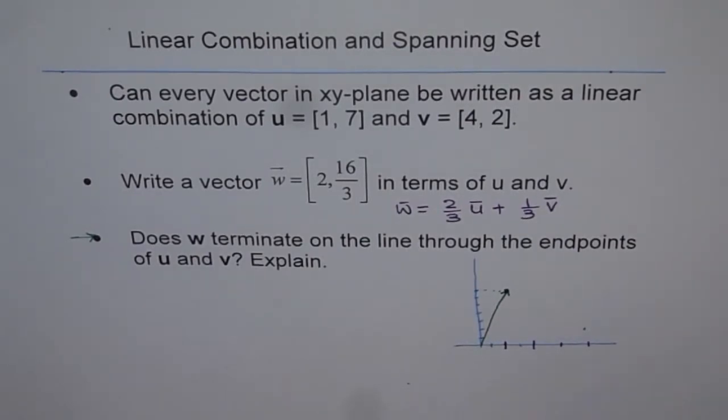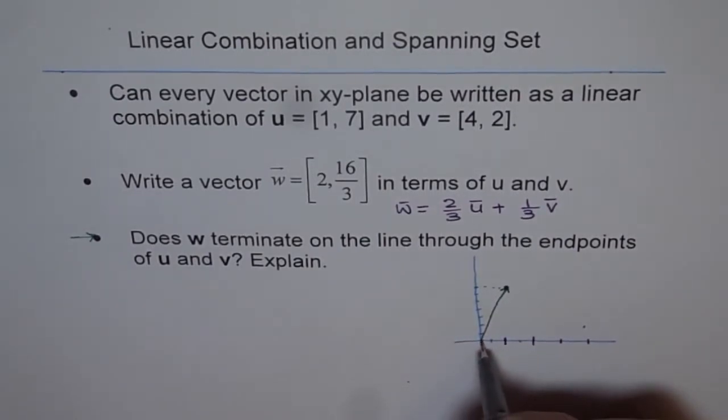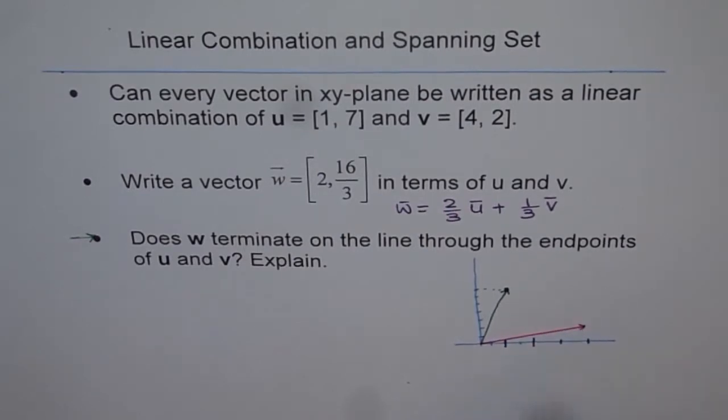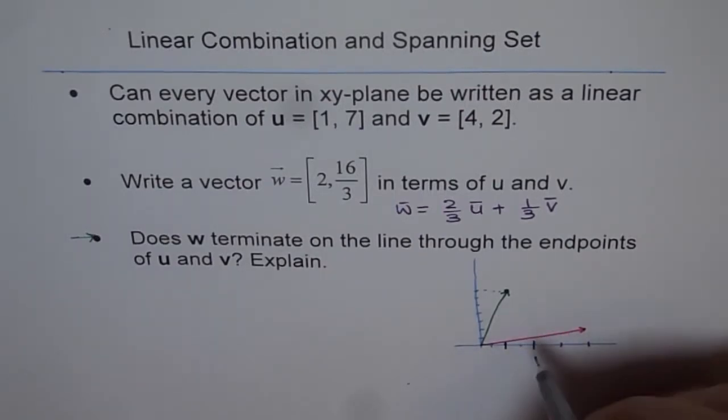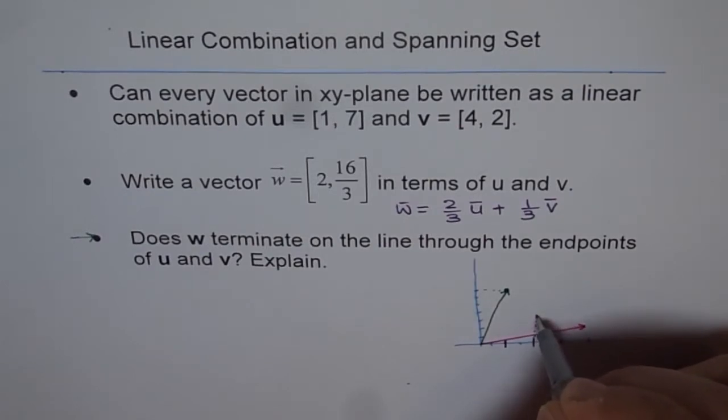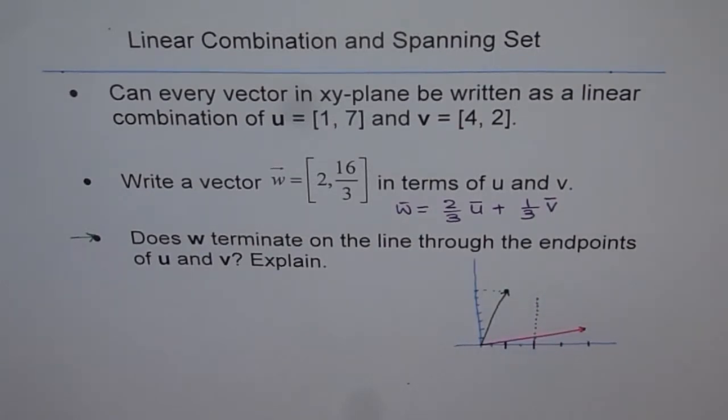So I have vector v as (4, 2). That is my vector v, probably the best line I've drawn. And vector w is (2, 16/3). So we have 2 and 16/3. I don't know where it is going to be, but somewhere here.